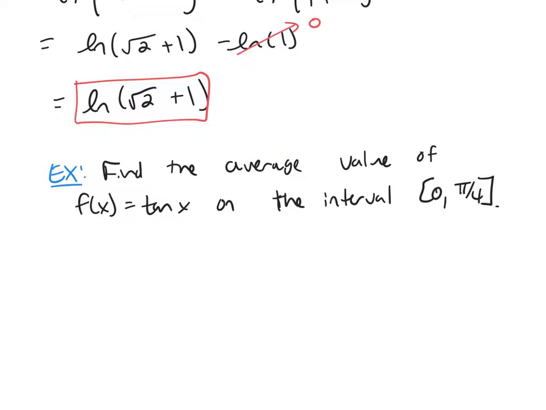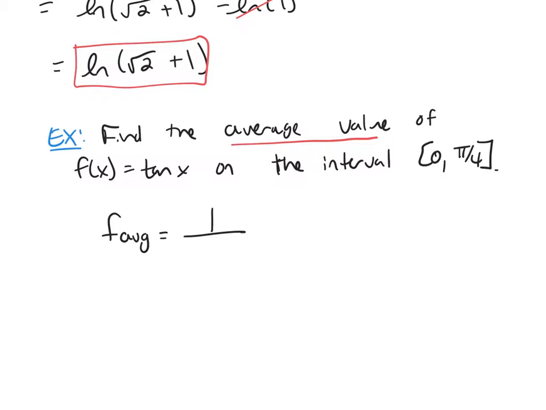So we've got to remember the formula to find average value. The average value is 1 over b minus a, coming from your interval, so pi over 4 minus 0, times the integral from 0 to pi over 4 of your function, which is tangent of x.